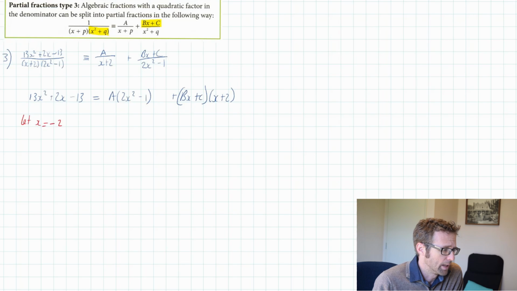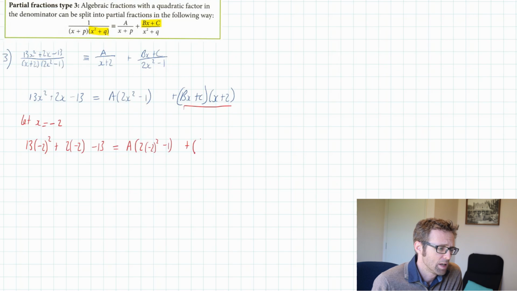So if I go 13 into minus 2 squared plus 2 into minus 2 minus 13 is equal to a into 2 times minus 2 squared minus 1 plus. Now this whole last bracket is going to end up being 0, because x plus 2 will be 0. So I can just ignore that.